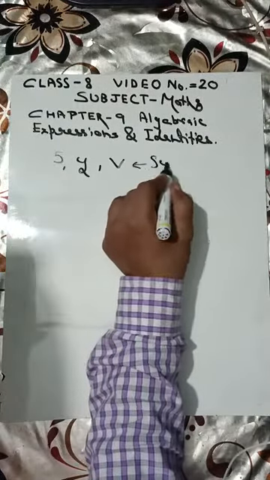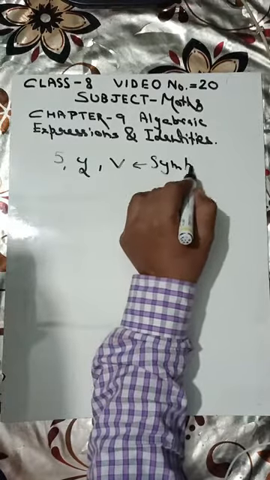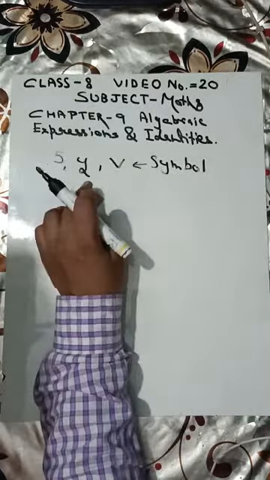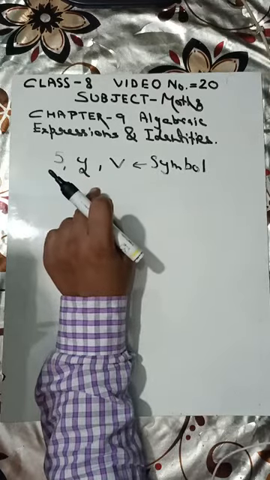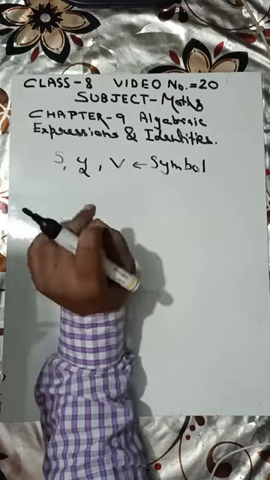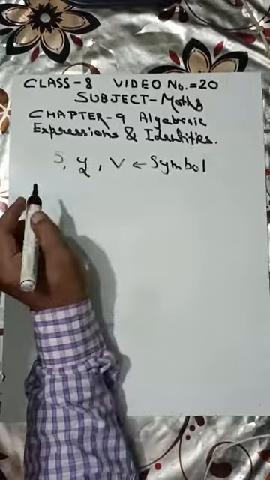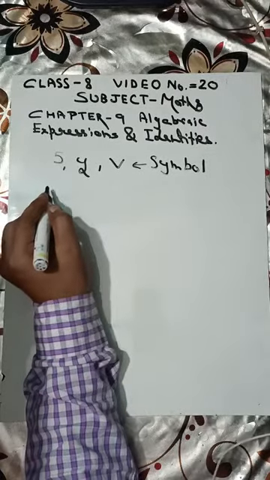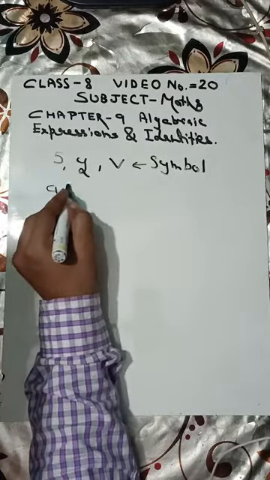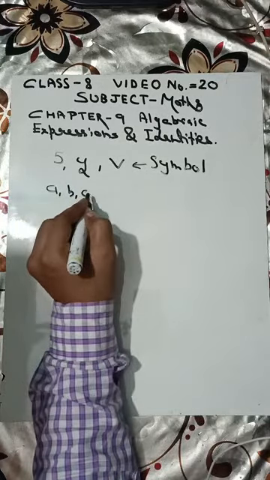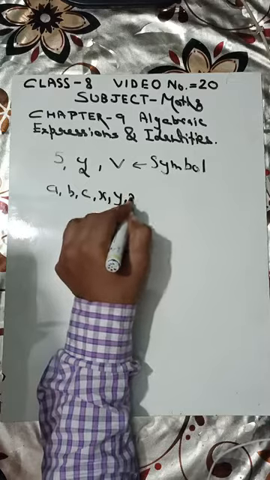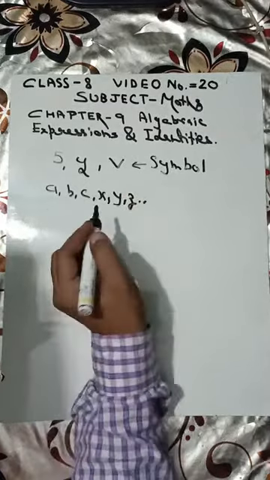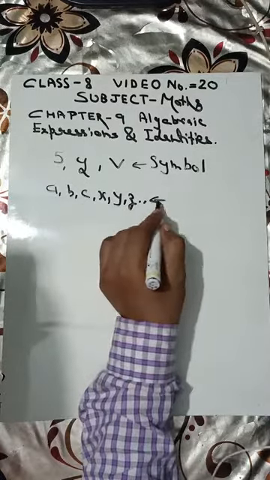Likewise we have different symbols for 5 in Chinese, in Urdu, in Bengali, in different languages. Okay, we have one more kind of symbol like A, B, C, X, Y, Z. So many things are there. This is also a symbol.